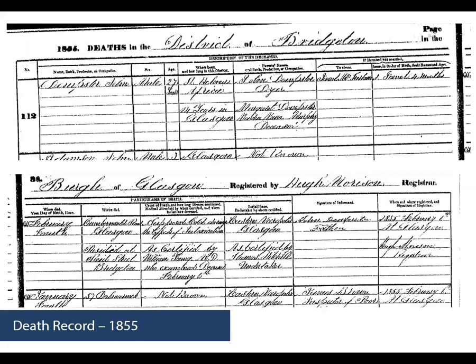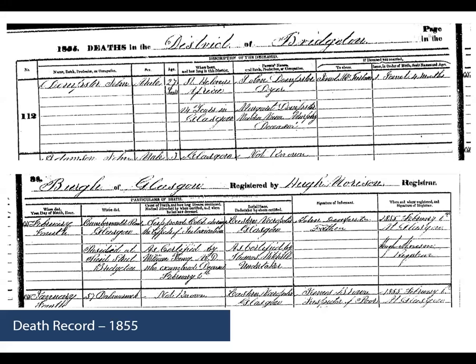Here's an example of a death record, a couple of pages rather, of an individual who's dying in this village in the year of, I'm sorry, it's 1858.